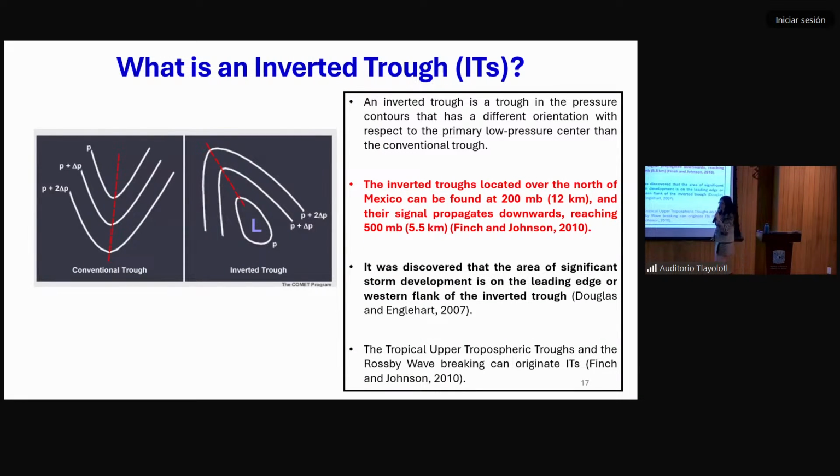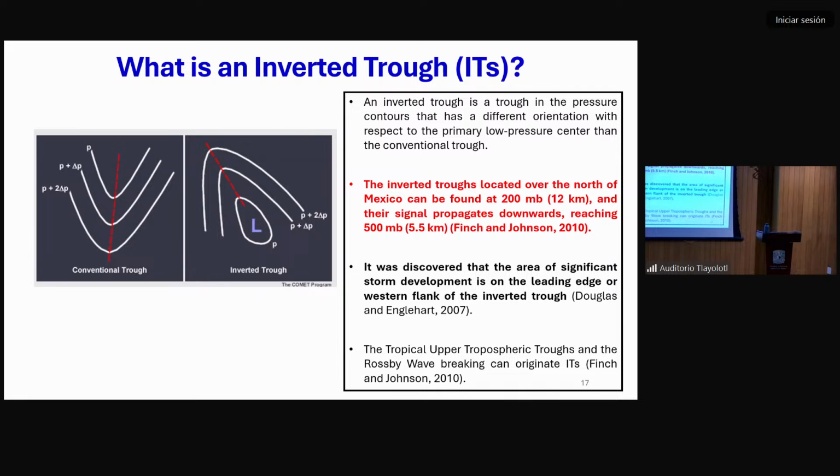So this talk is also about inverted troughs, and this is a very uncommon word for everyone. An inverted trough is a trough in the pressure contours that has a different orientation with respect to the primary low pressure center than the conventional trough.